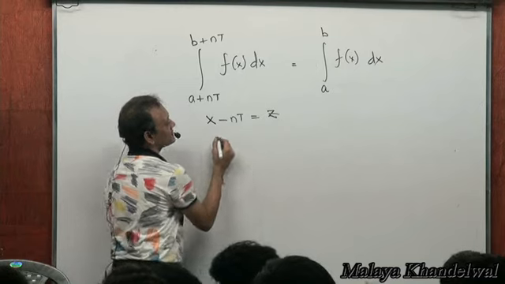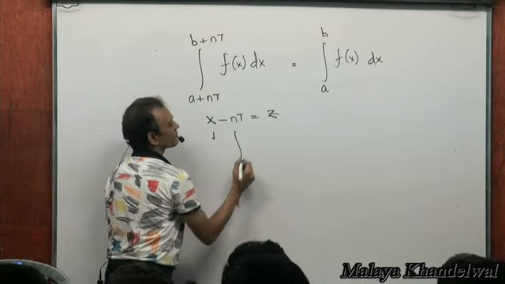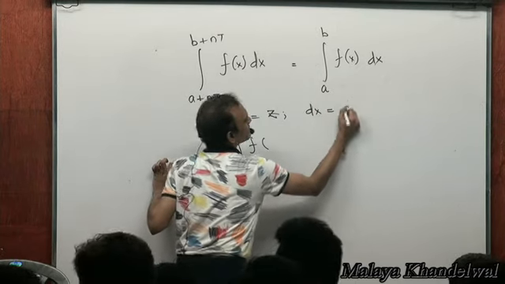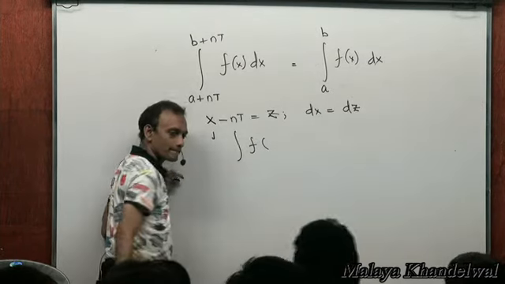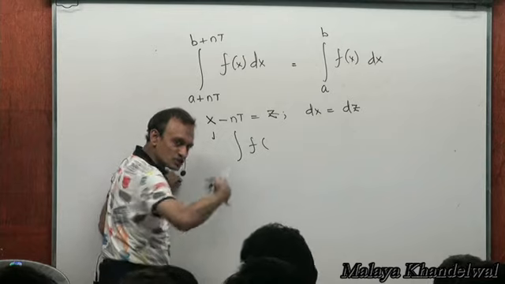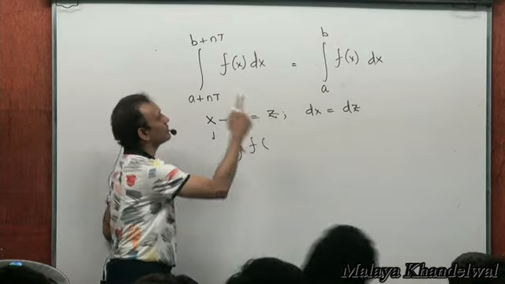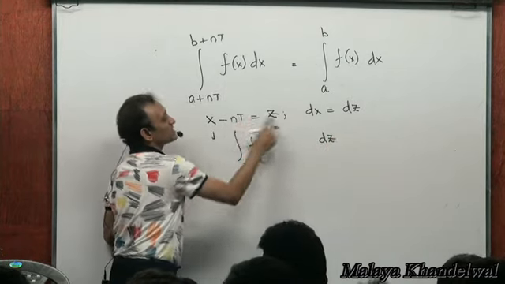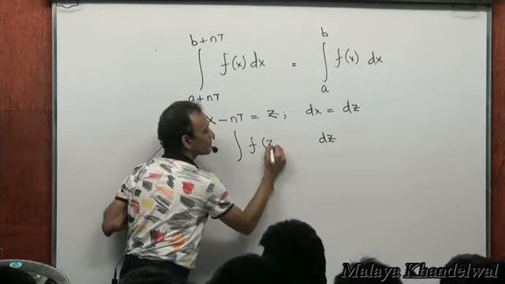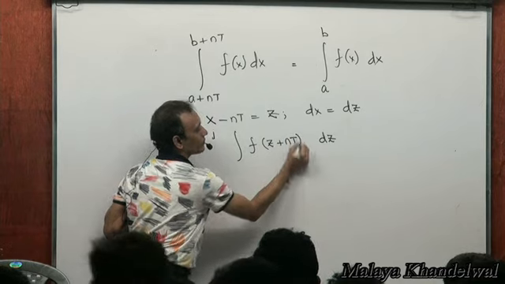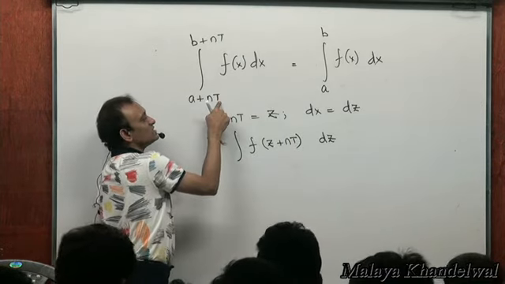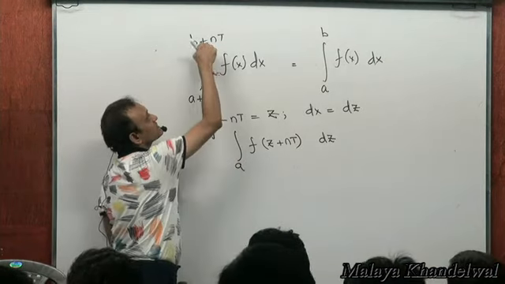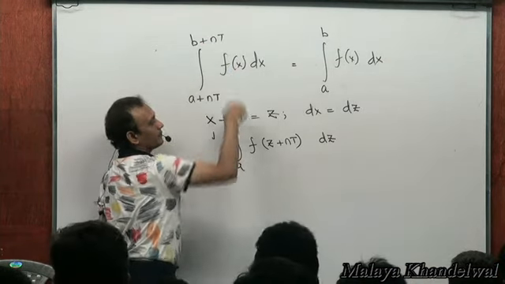So then the left hand side is the integral, and see that dx is the same as dz. We'll go from the x domain to the z domain. dx is dz. x becomes z + nt. And when x is this, z will be a. When x is this, z will be b.